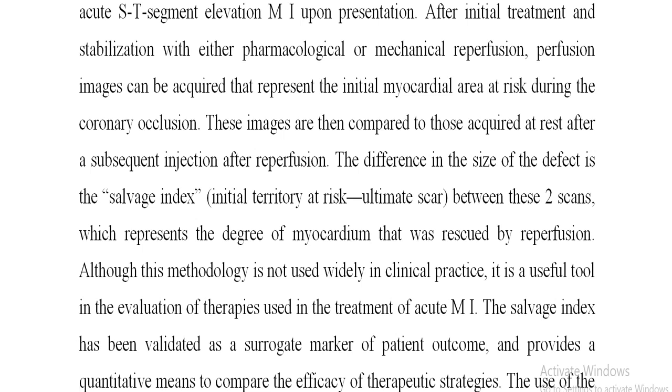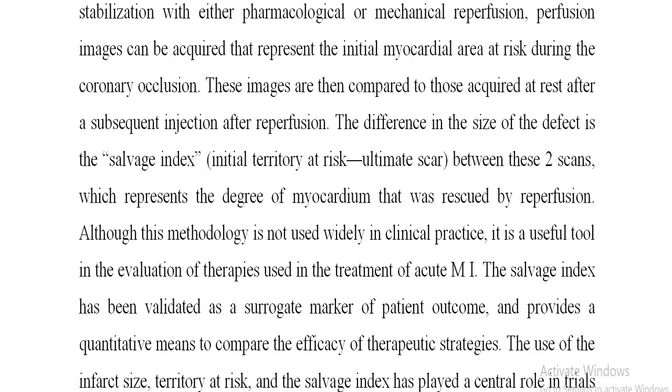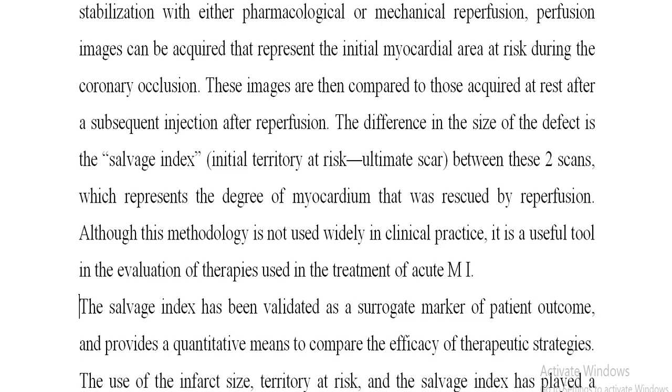Although this methodology is not used widely in clinical practice, it is a useful tool in the evaluation of therapies used in the treatment of acute MI. The salvage index has been validated as a surrogate marker of patient outcome and provides a quantitative means to compare the efficacy of therapeutic strategies.